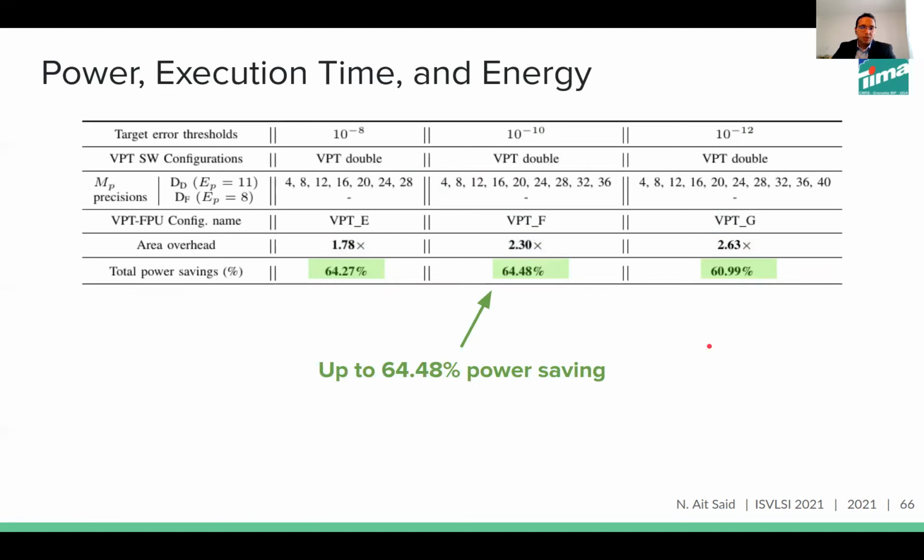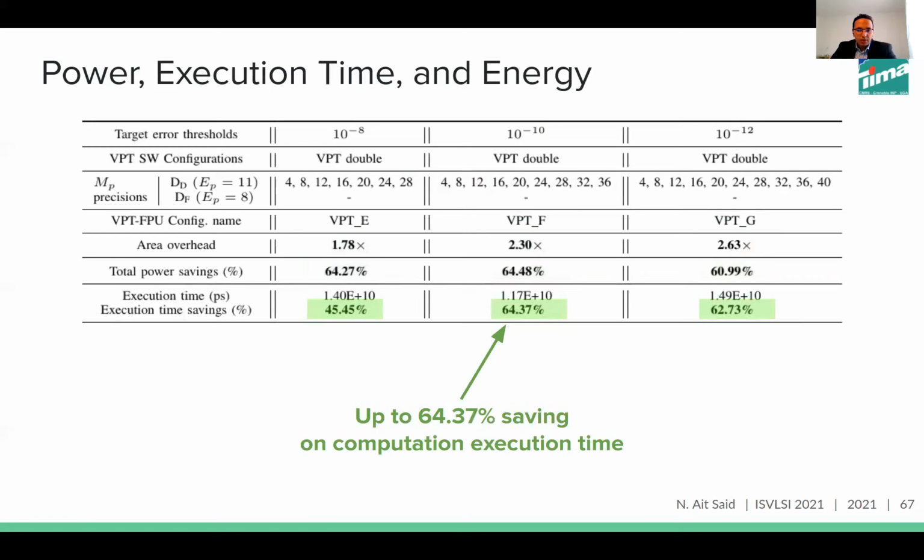However, if we examine the power savings, we can see that we gain up to 64% in power efficiency, thanks to the use of only reduced precision and aggressive clock gating applied to the non-used blocks. Similarly, computation execution time savings range from 45% up to 64% in this case. This is due to the fact that the number of pipelines used inside the approximate operators is actually decreased.